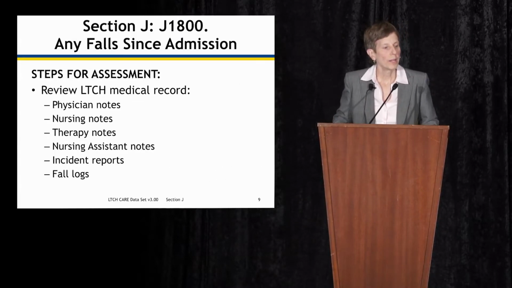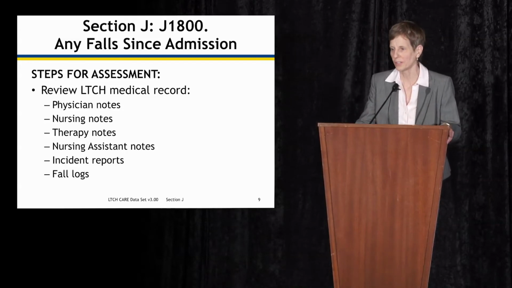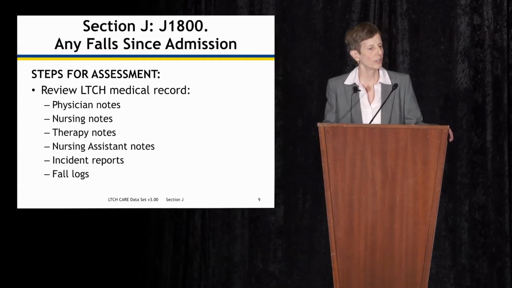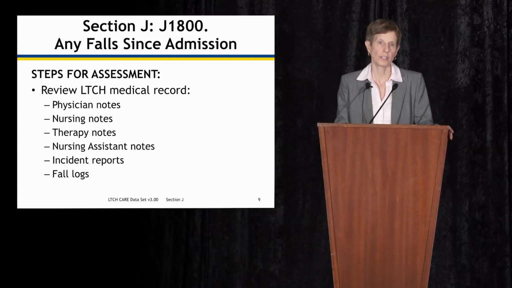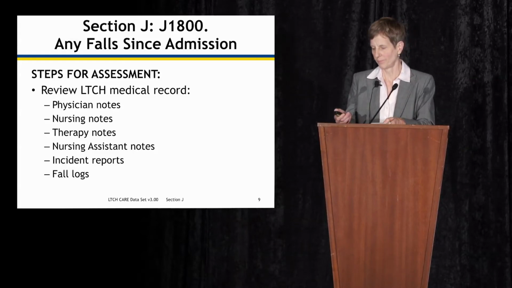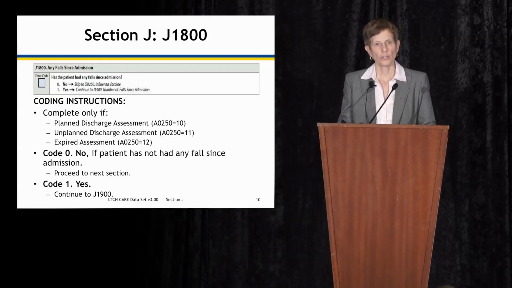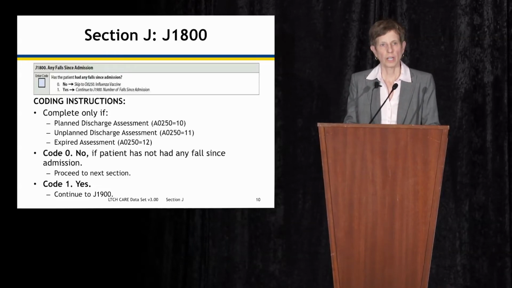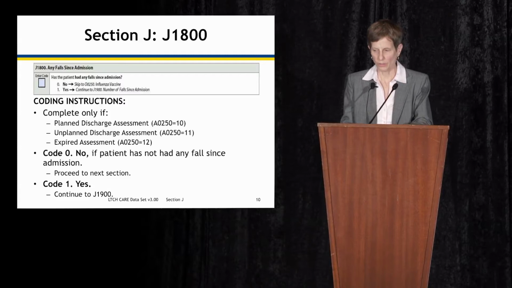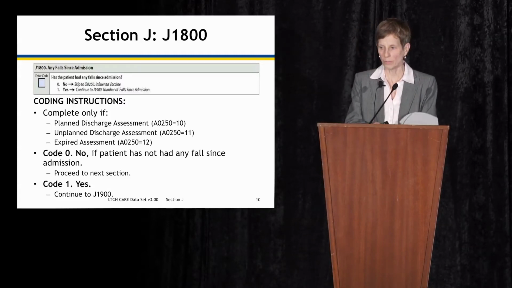So the recommended components of the medical record that you should review in order to capture J1800 include the physician, nursing, therapy, nursing assistant notes, incident reports, and fall logs. Again, the coding instructions for J1800, you'll be asking yourself the question, has the patient had a fall since admission?